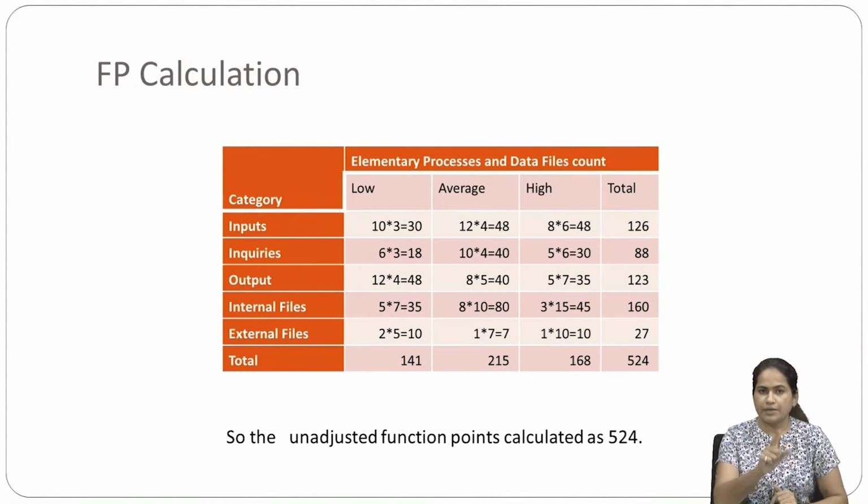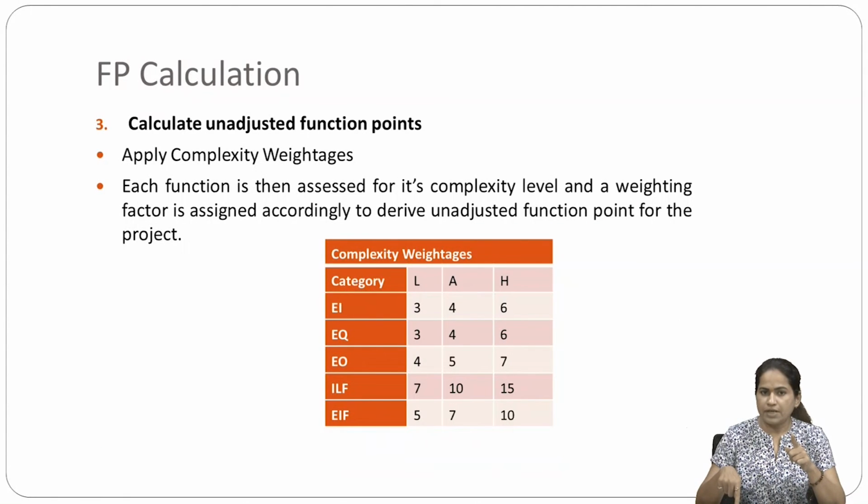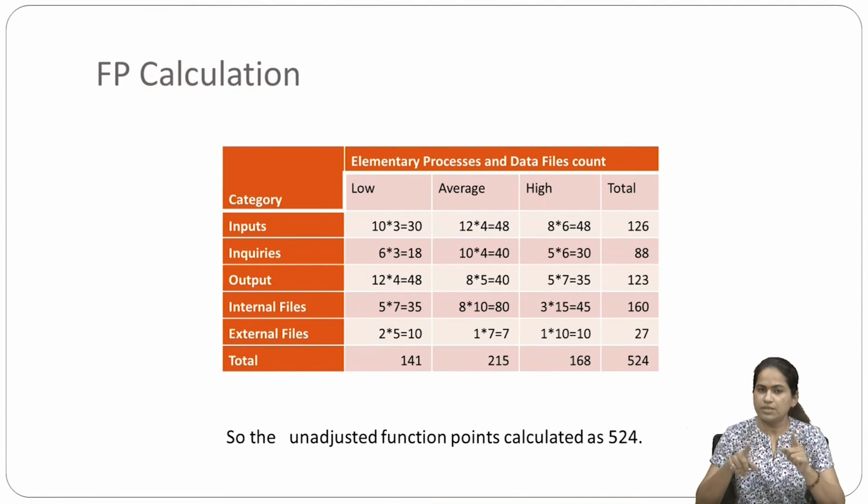Now here you can see the calculation of the unadjusted function point. What have we done? For the input files, in the first one the input count is 10 and its weightage complexity is 3. So 10 into 3 is equal to 30, and so on.